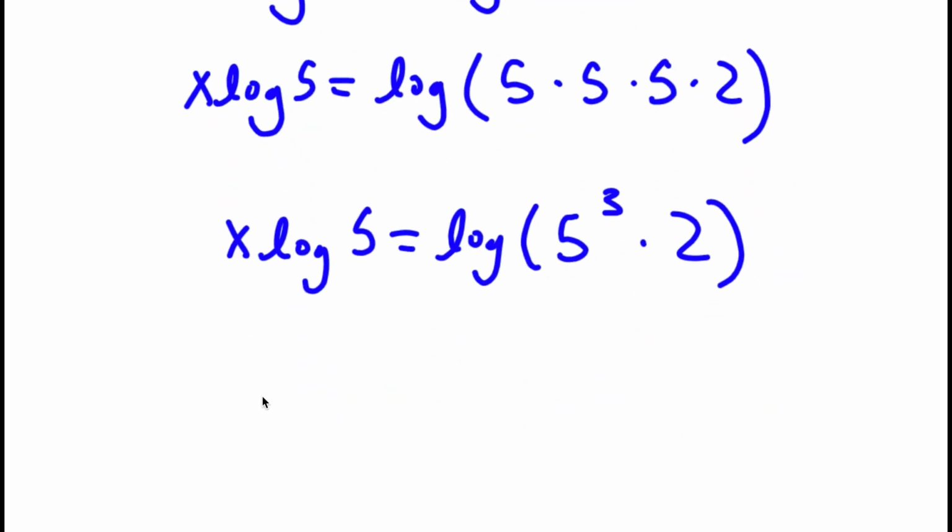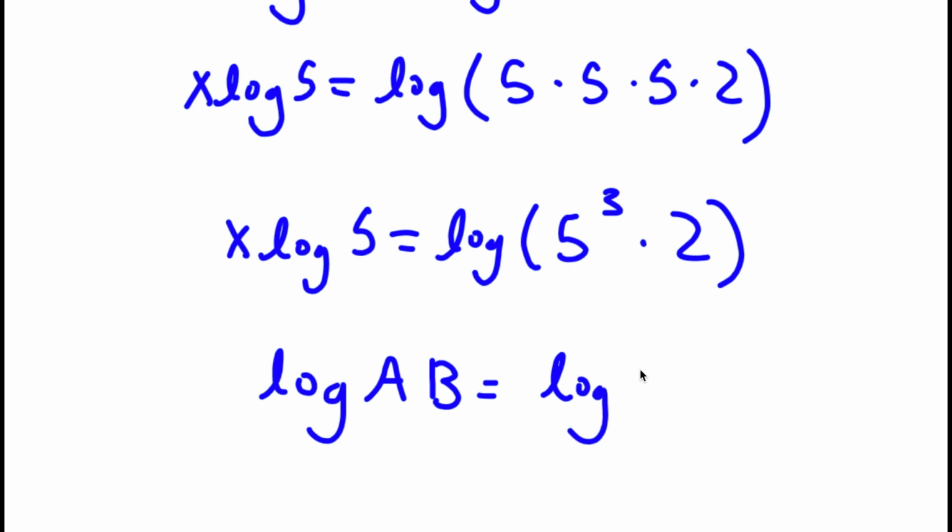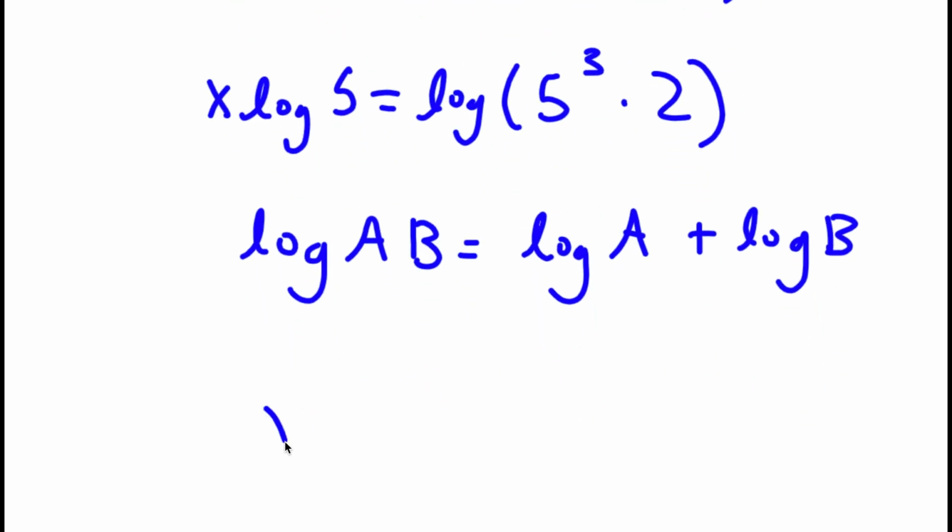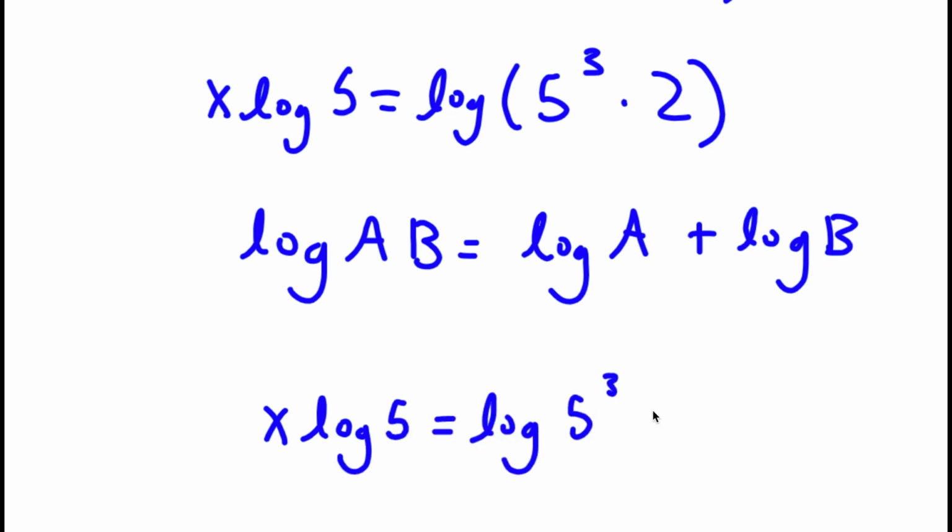Now, if I have something in the form log a times b, this is equal to log a plus log b. So in this case, I have log 5 to the power of 3 times 2, and I can rewrite that as log 5 to the power of 3 plus log 2.